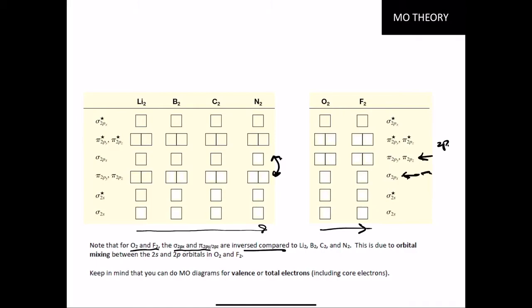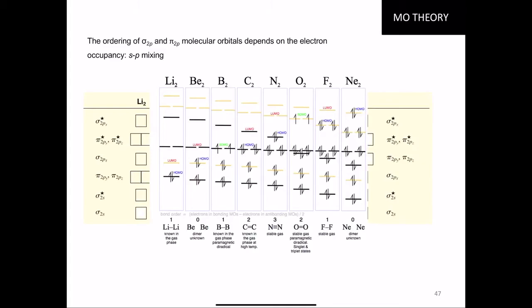And this is due to orbital mixing between these two things. So what's actually happening is that this guy is interacting with this guy. And what's happening is this guy's becoming less stable, and this guy's becoming more stable. This guy doesn't really move. So the pi 2p's aren't really moving.